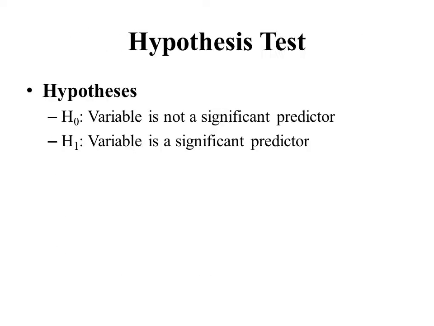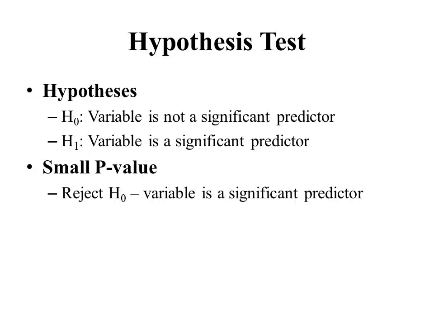relationship. So to summarize these hypothesis tests that we do with the slope, the hypotheses are that the variable is not a significant predictor versus the variable is a significant predictor. If we get a small p-value, then we're going to reject the null hypothesis and conclude that the variable is a significant predictor.